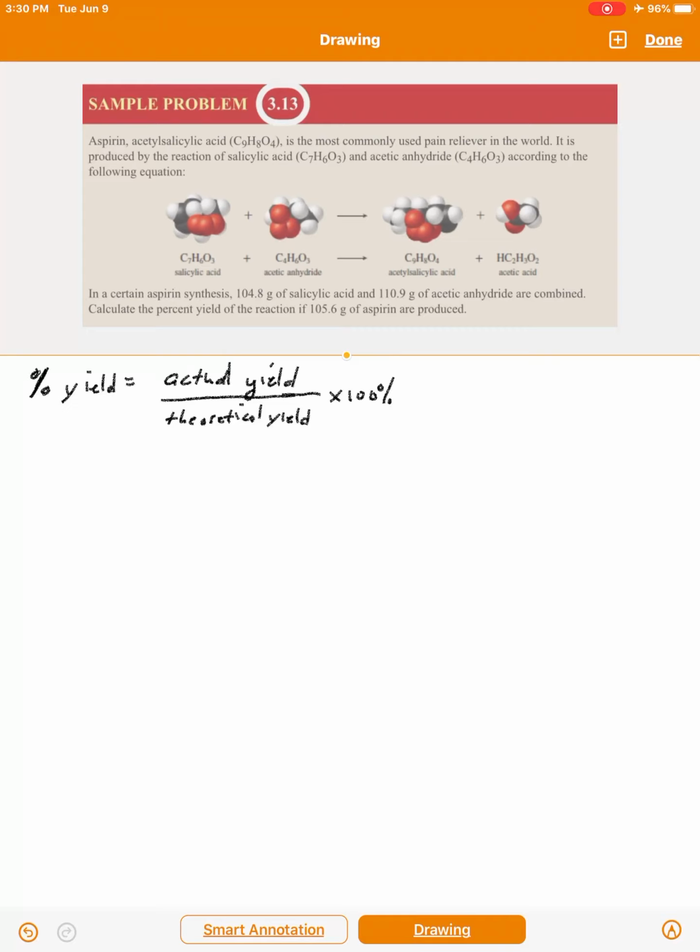Okay? They tell you that 105.6 grams are produced. So that 105.6 grams, that's the actual yield. So we know that value right now. But we need to divide that by the theoretical yield.